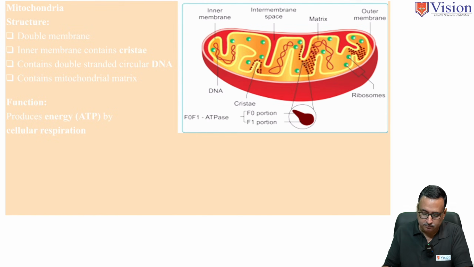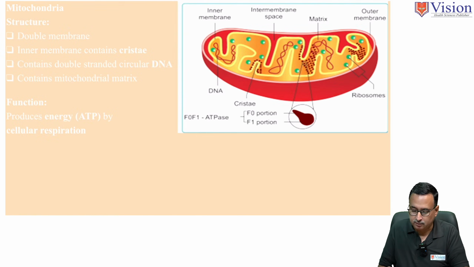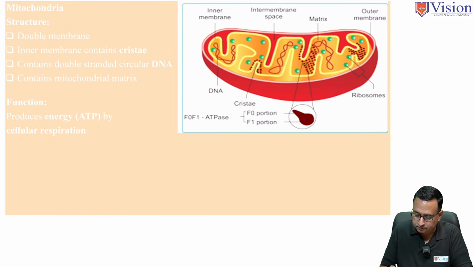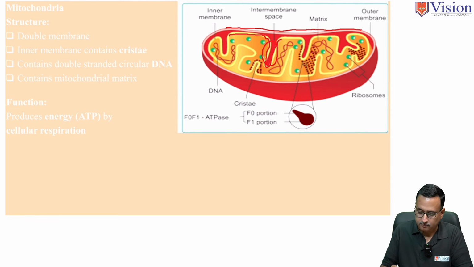Let's see the diagram. This diagram depicts clearly the parts of mitochondria. So this one is the outer mitochondrial membrane. This is the inner mitochondrial membrane. It gives rise to finger-like outgrowths or folds. So this is a crista, one crista.